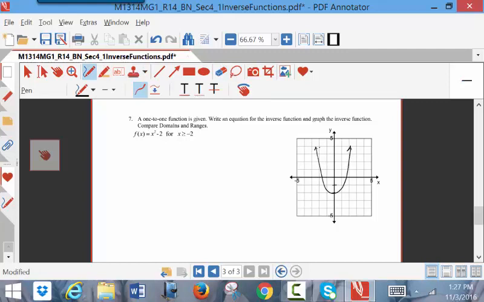But that is not 1-to-1, so I have to get rid of half of it. So this is incorrect. This needs to be x greater than or equal to 0. And if it's greater than or equal to 0, then that limits my graph to only the right half, which would make it 1-to-1, permitting it to have an inverse.